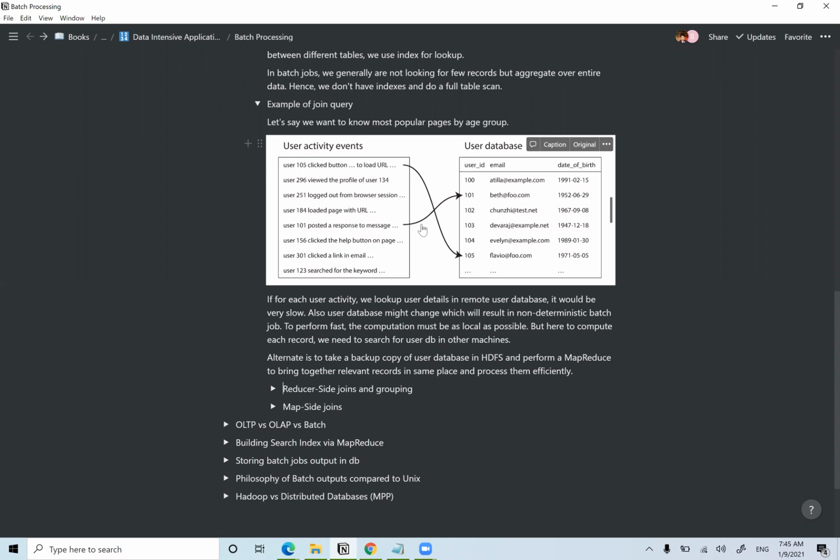If you're running on live data, then as your batch jobs run, the data might be changing, and you will get non-deterministic results. We discussed the same thing in the transactions chapter, the problem of read skew: if an analytic job is reading data and that data is changing, it will face read skew. To avoid that, you generally take a snapshot of your data. So the same thing is repeating here again.